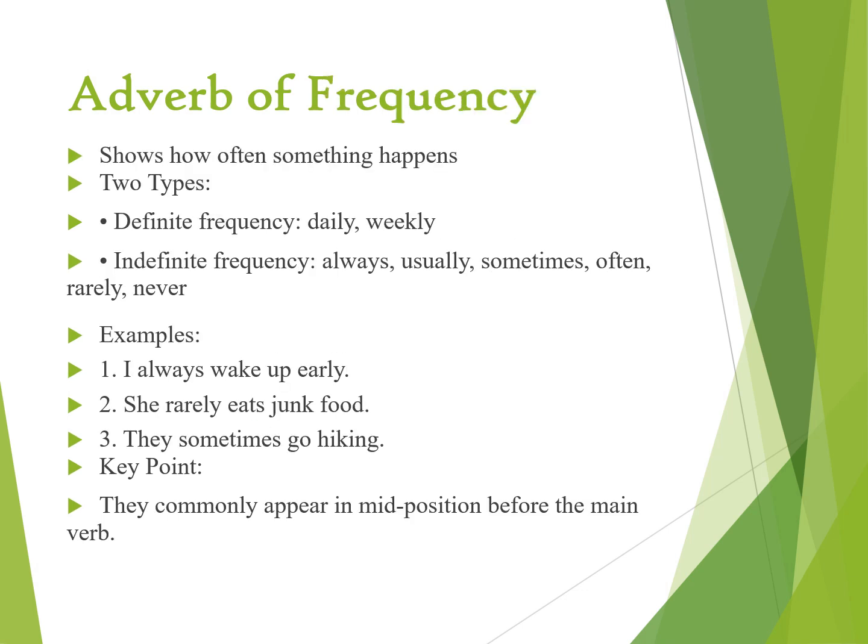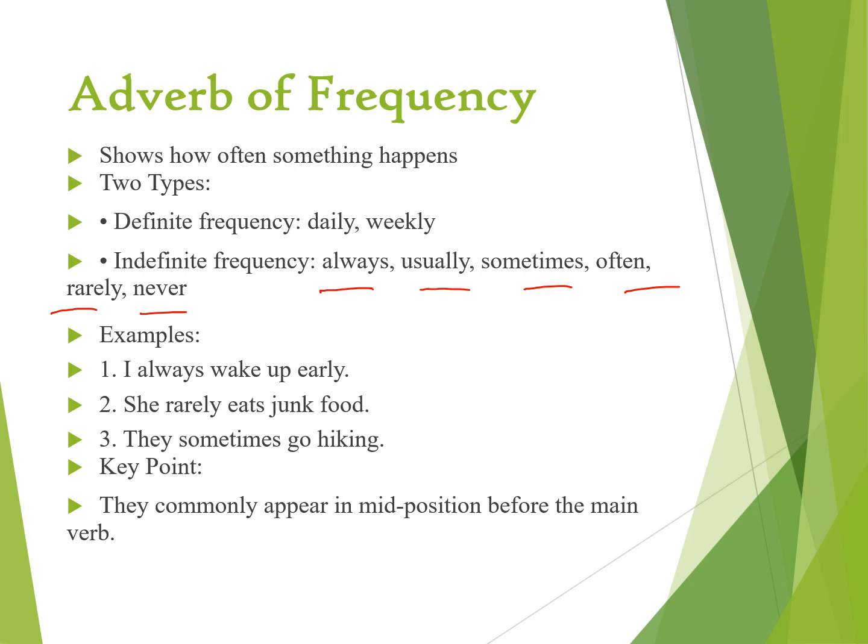Adverb of frequency shows how often something happens. Two types: definite frequency, daily, weekly. Indefinite frequency: always, usually, sometimes, often, rarely, never. Examples: I always wake up. She rarely eats junk food.